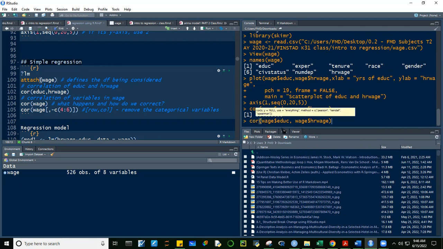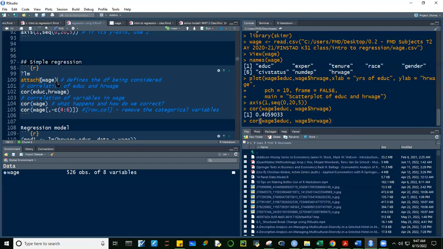Ito, we had to identify that yung wage, yung education at saka hourly wage, they're from the wage dataset. Okay, so every time you make use of a variable in a dataset, you have to identify kung saan dataset galing yun. Now we can of course just use the variable itself, but you have to attach the data set.